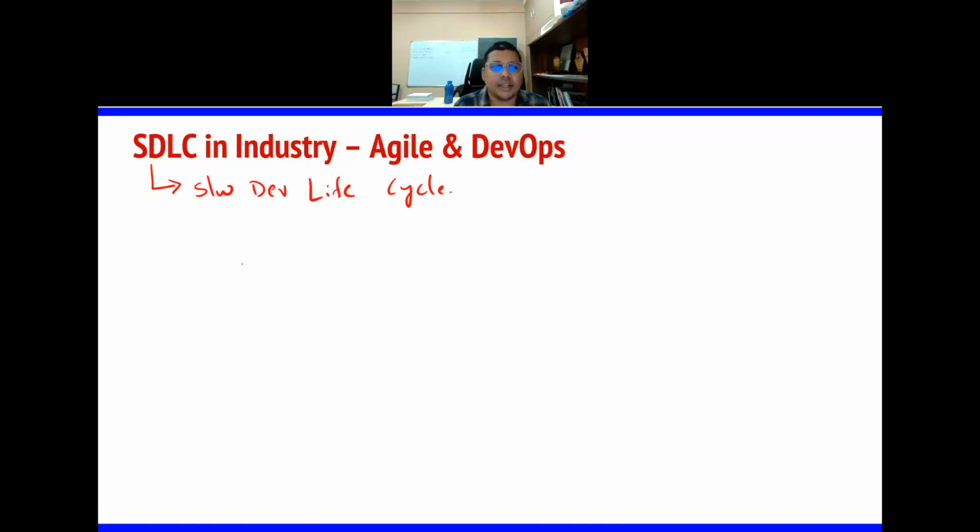If you ask me, the standard SDLC steps include: first step is requirement gathering and analysis. Second step is design. Third step is implementation.